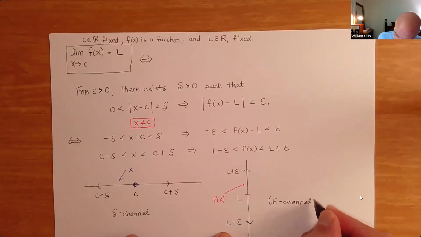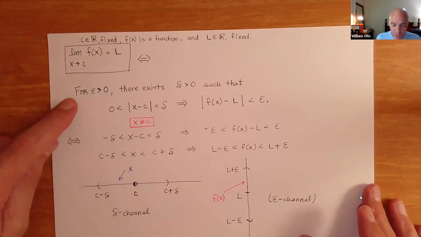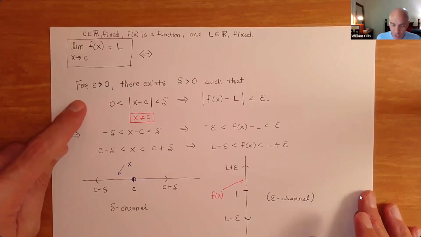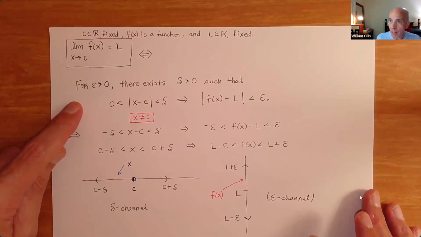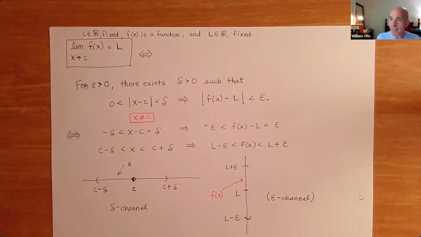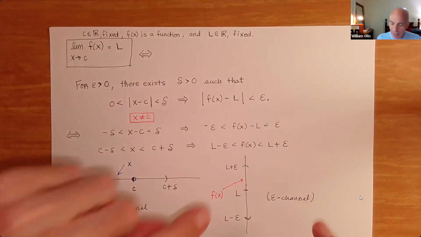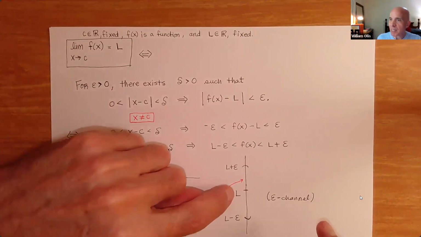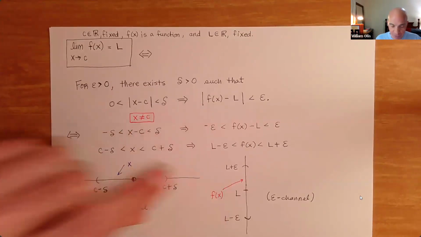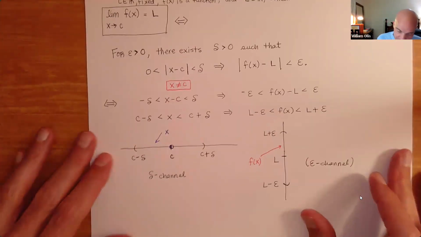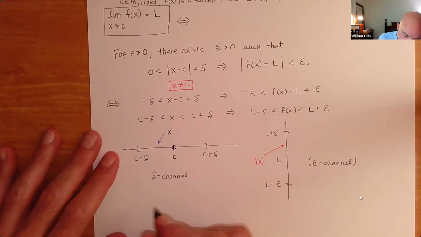And why does this definition work? Because now you can think of epsilon becoming arbitrarily small. And so if the limit exists, regardless of the value of epsilon, as long as it makes sense with the function, you can find the delta. That is, you can get close enough to C so that the value of F is within epsilon of L. So let's just say this in another way.